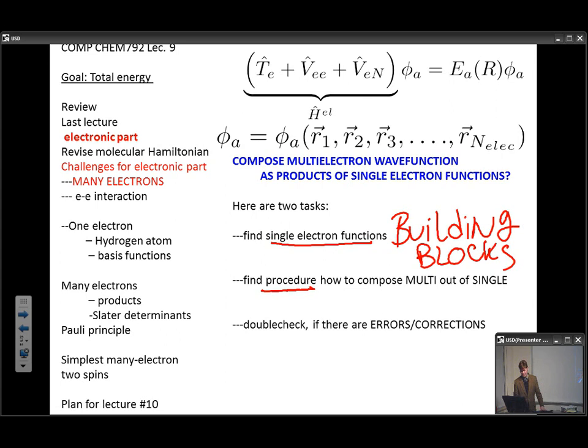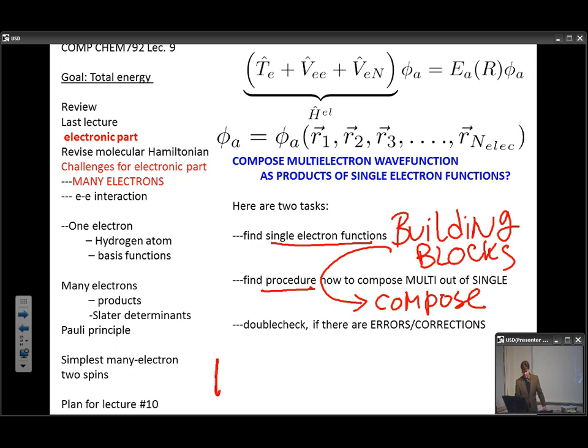So we need a procedure that helps to compose the wave function out of these building blocks. And then we need to be very careful to see what we are missing if we are building products or some combination of products.